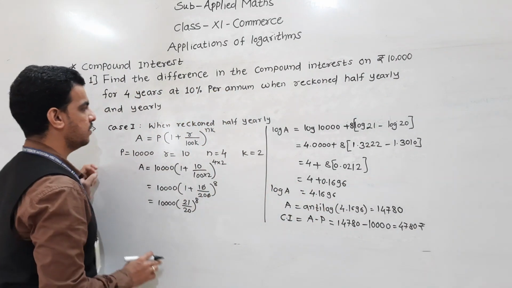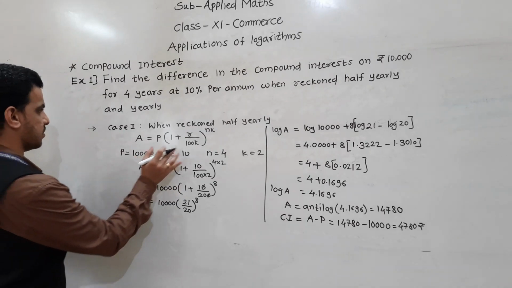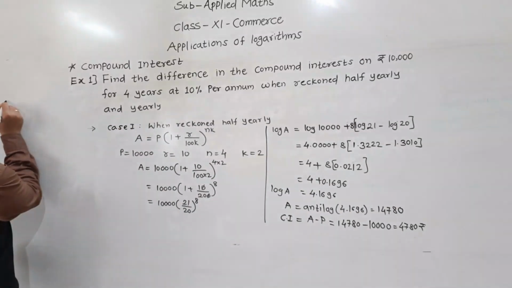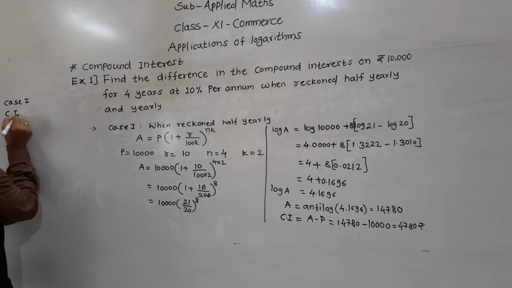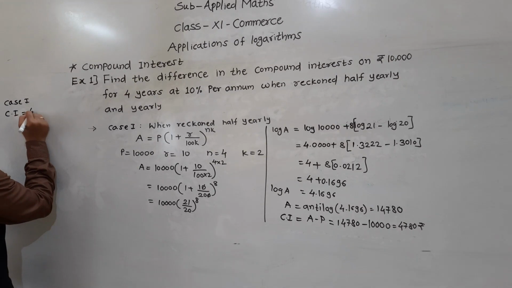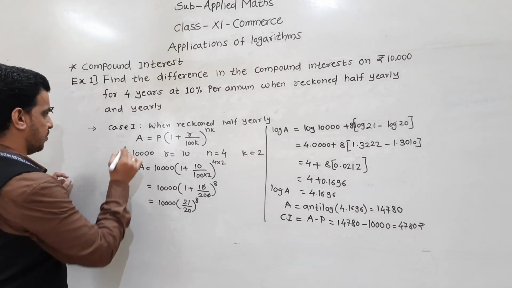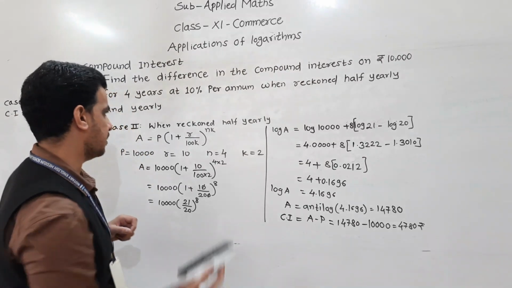Now we have to find it when reckoned yearly. I am writing this compound interest here. Case first, compound interest is equal to 4,780 rupees. Now I am taking case second, when it is reckoned yearly.